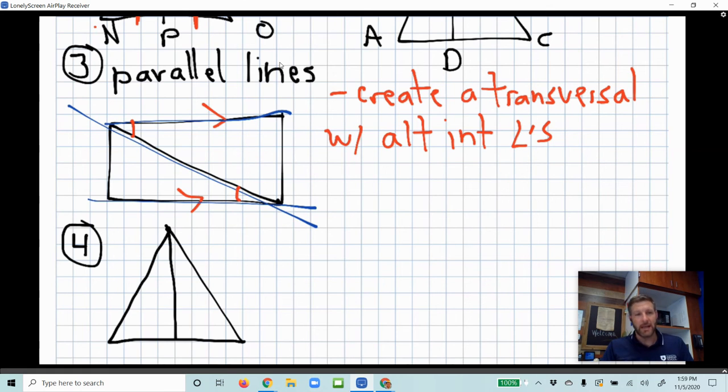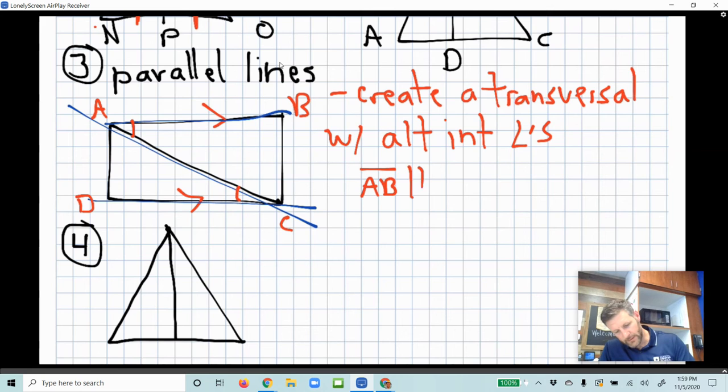And so again, now I could say that, I guess I should write, let's go ahead and label this thing. We'll just keep it simple, A, B, C, D. But in this case, since AB is parallel to DC, that is then a clue that angle BAC, that's this one right here, is congruent to angle DCA.